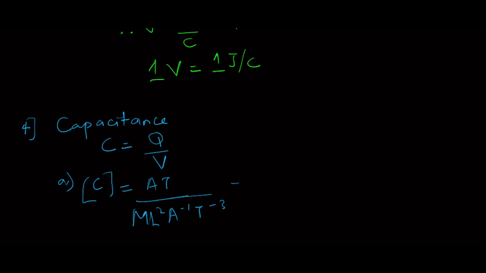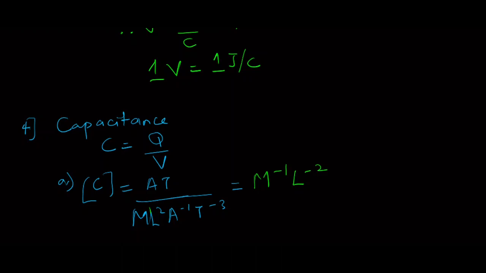So let's try to solve this. The M is on the denominator side and has a power of 1, so when it goes up, it becomes M raised to power minus 1. Then we only have one L, raised to power 2, and it becomes L raised to power minus 2. Then we have two A's, which we can solve separately by following indices.